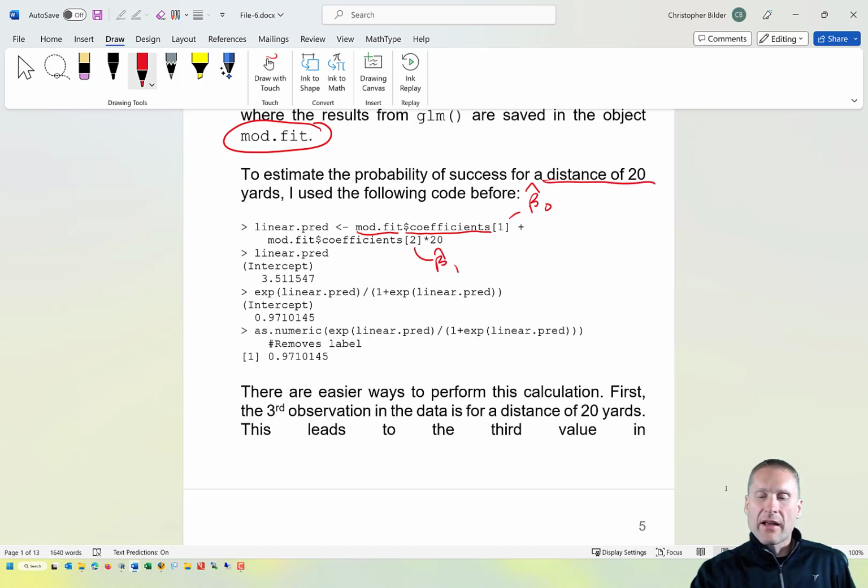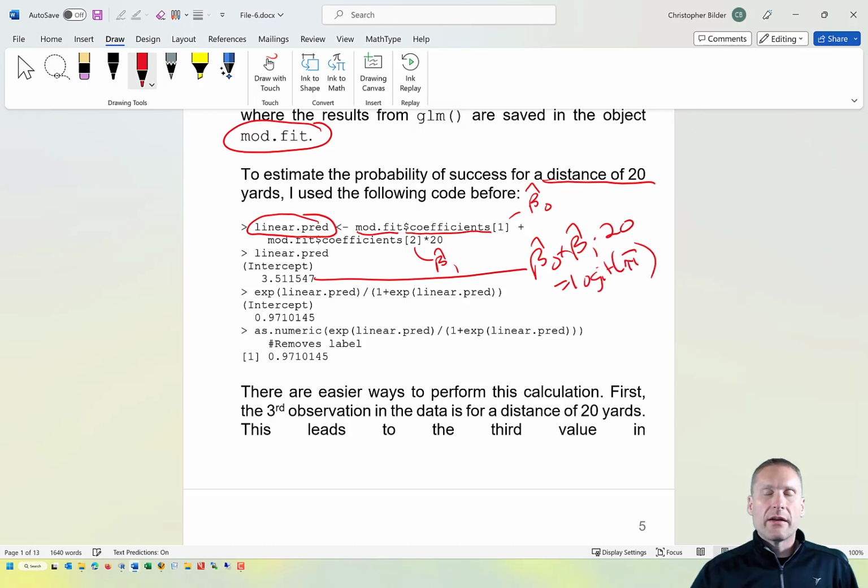And if I want to find the estimated probability of success for a distance of 20, I could put 20 in there for the distance value. I do those calculations and put that in an object called linear.pred. This gives me beta hat 0 plus beta hat 1 times 20. Or equivalently, this is giving me the logit of pi hat when distance is 20. Then, using the exponential function, I can find the corresponding estimated probability of success. I get pi hat. We've seen this code before.